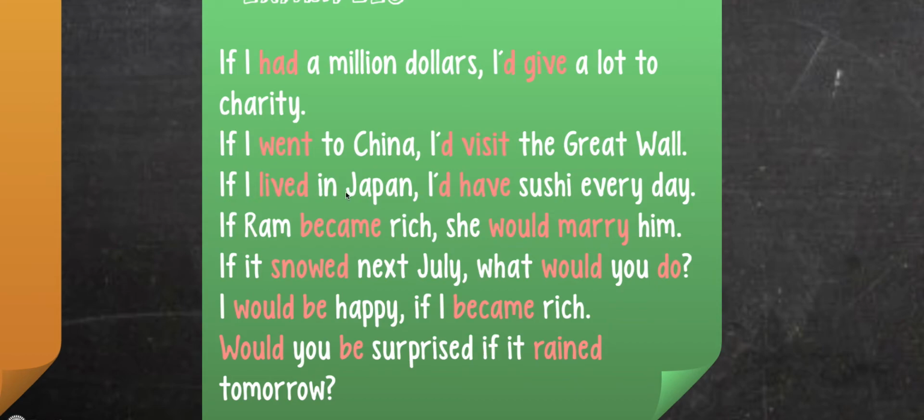If I lived in Japan, I'd have sushi every day. So what happened here? Exactly the same. If clause at the beginning, verb in past, and then would and have.